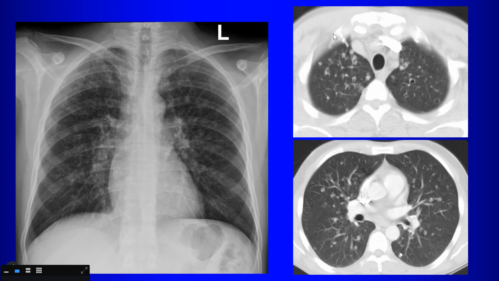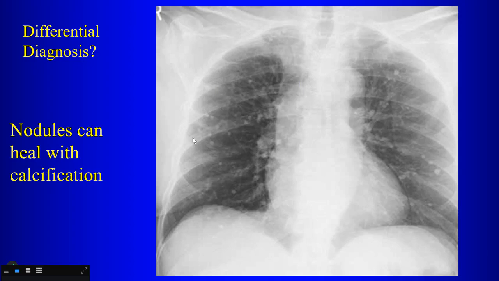Metastatic disease, certainly, especially with cavitation. And then it can go on to heal with multiple calcifications throughout the lungs. So this can be a sequela of exposure to histoplasmosis. We've gone through the differential of multiple calcified lung nodules. What are some of the things we think about there?